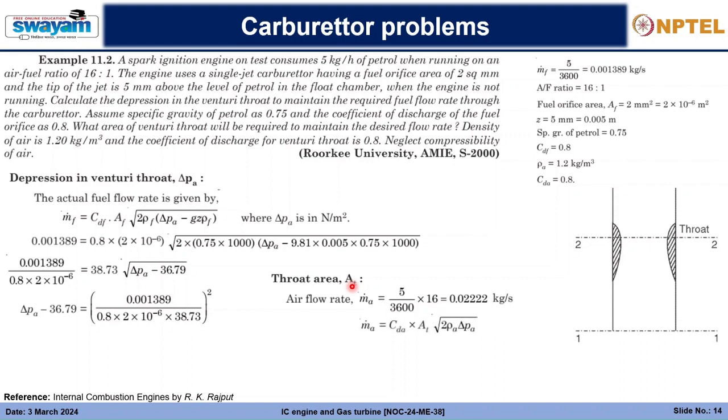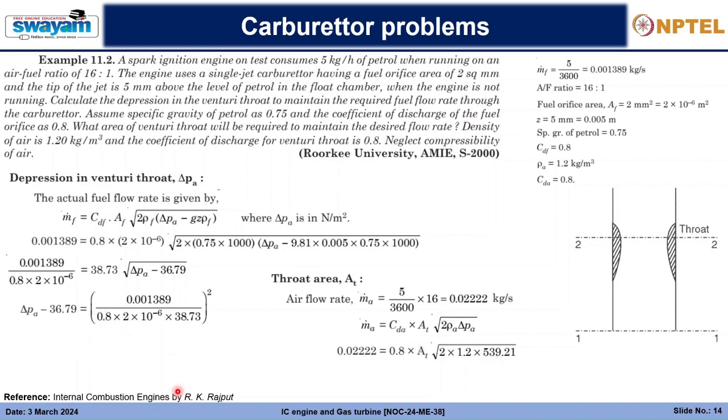Next, mA equals CDA, the mass flow rate is equal to the product of the coefficient of discharge of air, the throat area, and the square root of 2 into rho A into depression. We have already found the expression of depression, so we simply put in the value. The value of depression is 539.21 Pascal.